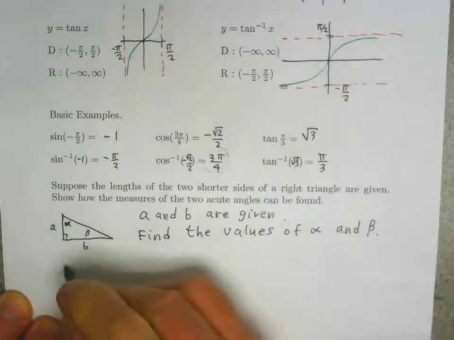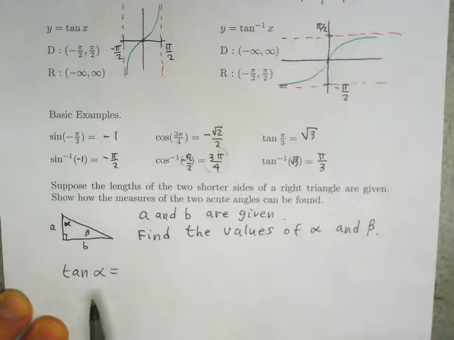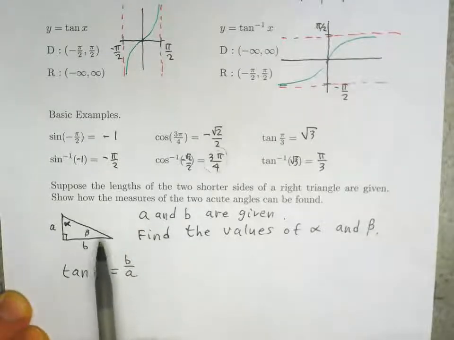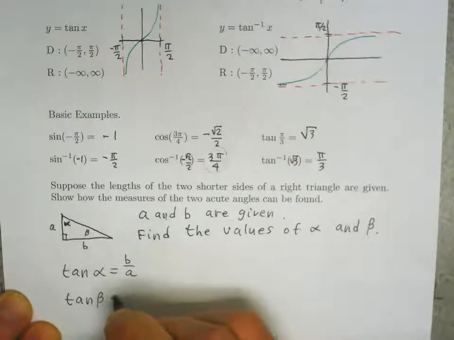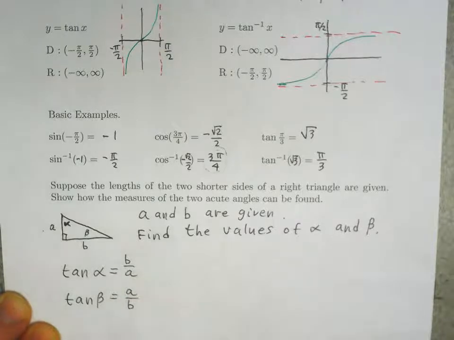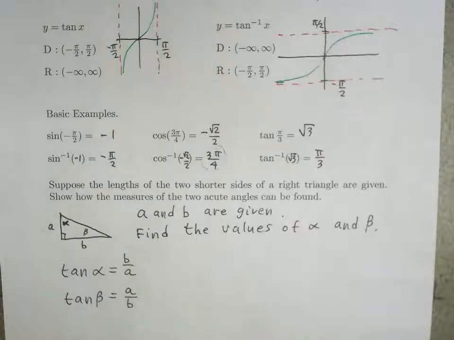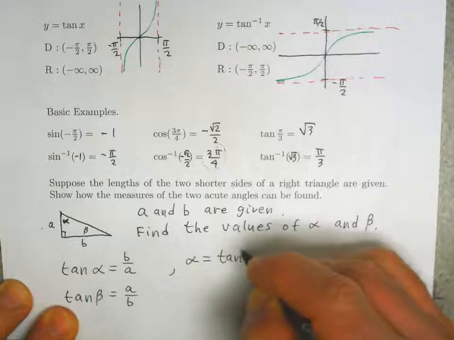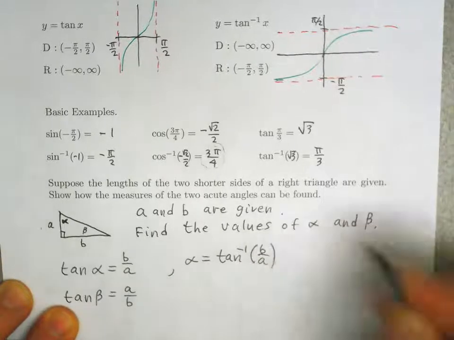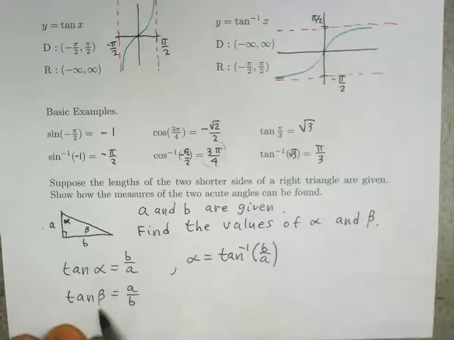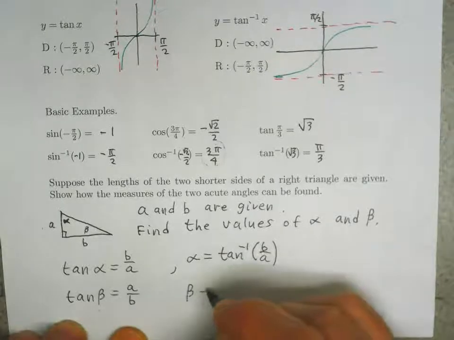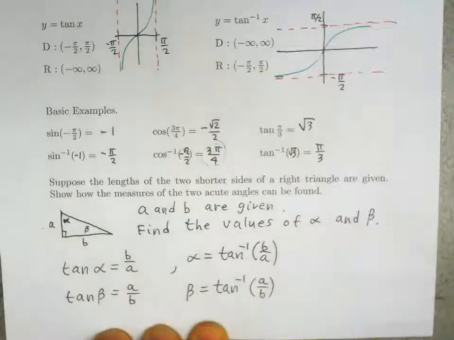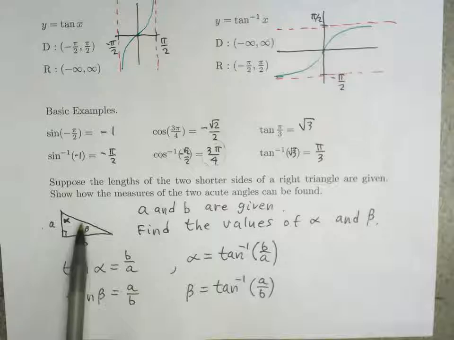The tangent of alpha in this right triangle is equal to the length of the opposite side divided by the length of the adjacent side, so B over A. And then if we take the tangent of beta, that's equal to A over B. Remember that A and B are known quantities, so if tangent of alpha equals B over A, then alpha equals the inverse tangent of B over A. And similarly, if tangent of beta equals A over B, then beta equals the inverse tangent of A over B. So notice we didn't even need to find the length of the hypotenuse.